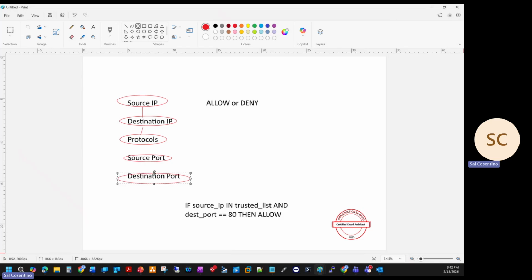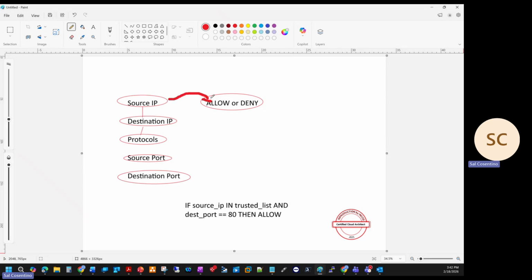Pretty much, like I said, it's either allow or deny, and that's the crux of it. You have to understand it's either allow or deny, and you know the port numbers, right? The port could be port 80, could be port 443, could be port 143.